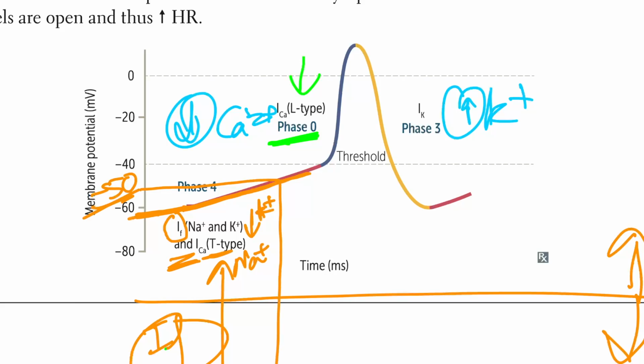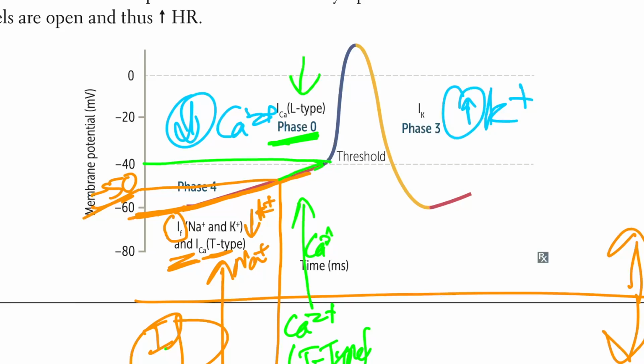Let's change the color here. The calcium will influx through the T-type calcium channels, and that will depolarize the cell to about -40, from here to this point.